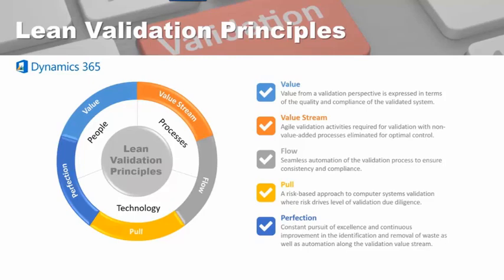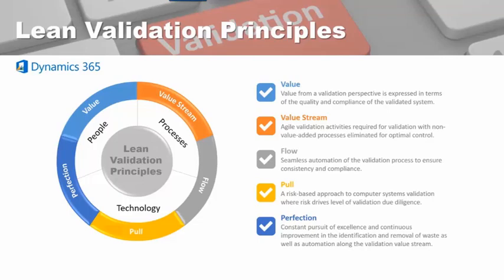I would like to see the continuous flow of validation documentation and processes as we move throughout each lifecycle stage of the validation, from validation planning all the way through test execution, validation summary, and the revalidation of the system. There should be a consistent flow of the documentation and information from one validation lifecycle stage to the next.